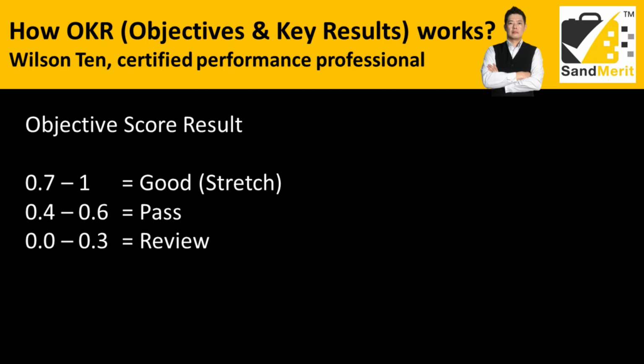For the objective score result, if the team or individual or the company's score is between 0.7 to 1, it is considered a very good result. If it is from 0.4 to 0.6, it is considered just pass, and if it is below 0.4, then you need to re-evaluate your objective, whether it is worthwhile doing it, or you re-evaluate what's wrong with the implementation.